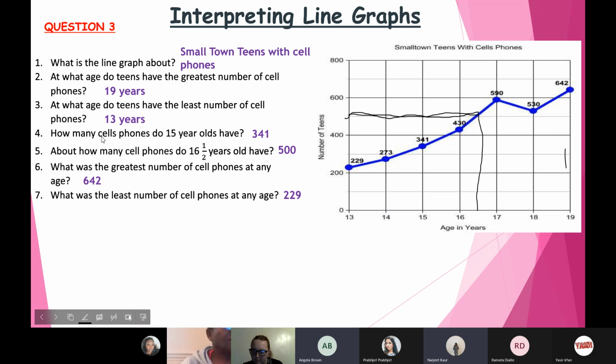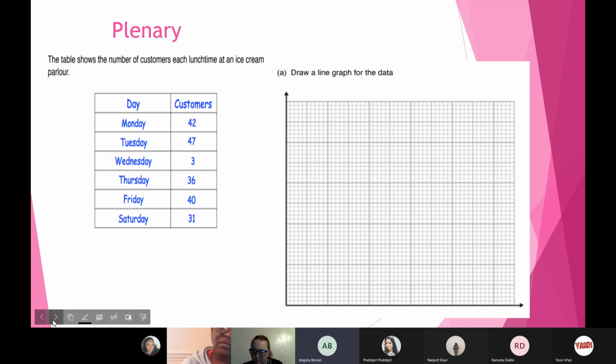Okay, so that's your practice. Just to finish off, you've got the table showing the number of customers each lunchtime at an ice cream parlour. You're asked to draw a line graph for the data. So this is what you can do after we finish. That's your preliminary, just for you to make sure.